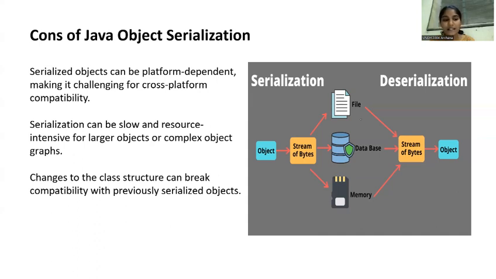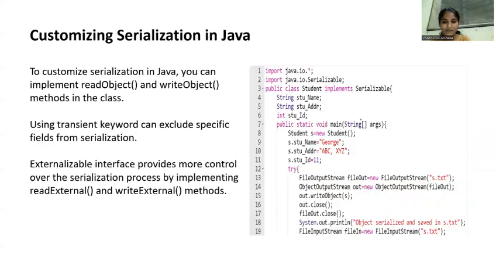And serialization can be slow. It is a slow process and it becomes intensive for larger objects, complex objects, etc. And changes to the class structure can break compatibility. So compatibility in Java programs must be maintained with the previously serialized objects.